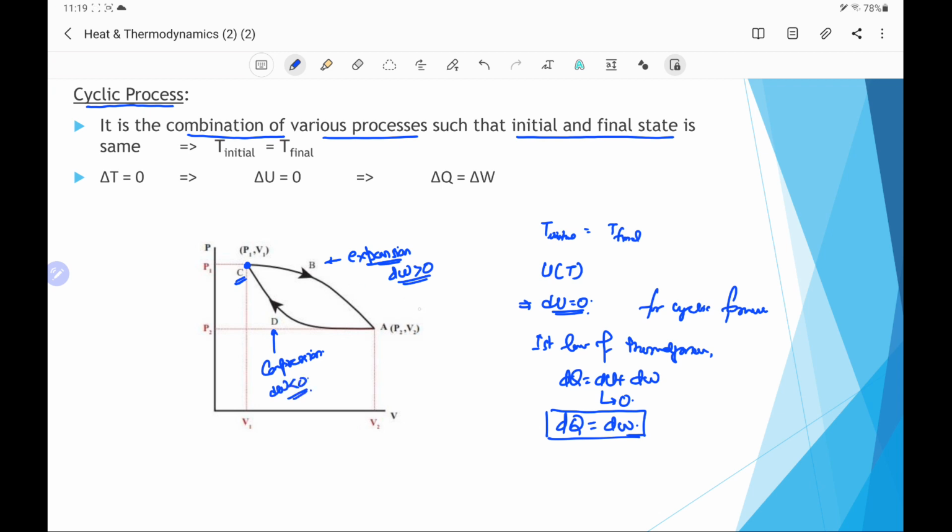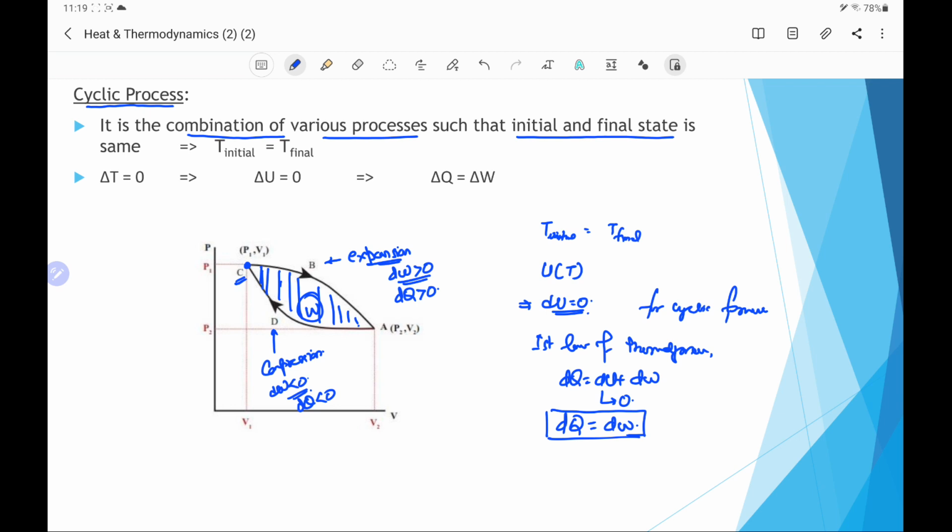Therefore in expansion heat will also be greater than 0, and in compression heat will be less than 0. And we can write that the work in the cyclic process will be the area of the graph between the cycle. So this will give the total work in this cyclic process.